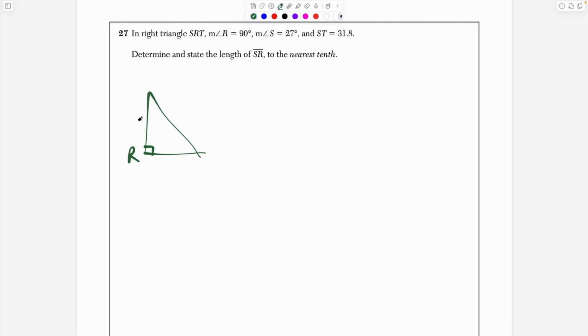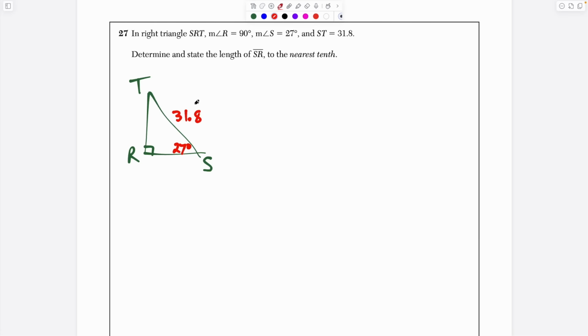But then the location of S and T doesn't matter. So let's say this one over here, I just call this S, and then this one here would have to be T. And they told us the measure of angle S is 27 degrees. Okay, so this angle here, I'm going to say is 27 degrees. So the measure of angle S. And then they told us the length of side ST is 31.8.